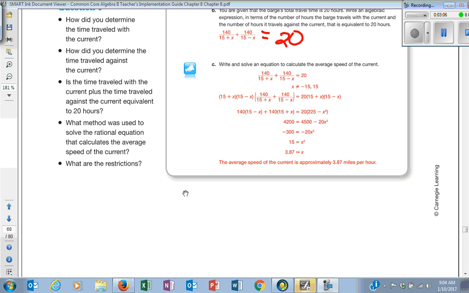The rest of this math should be very understandable to you because it's what we've done all chapter long. They have to get common denominators. Like I told you, the book likes to multiply by the least common denominator so the denominators cancel out. If you make common denominators and then forget about the denominator at the end like we've talked about, it's still going to get you the same stuff.